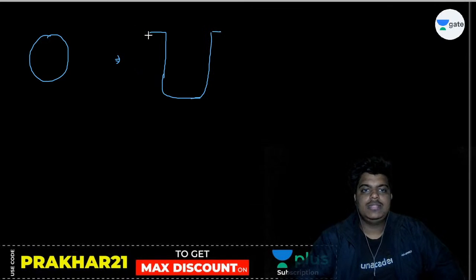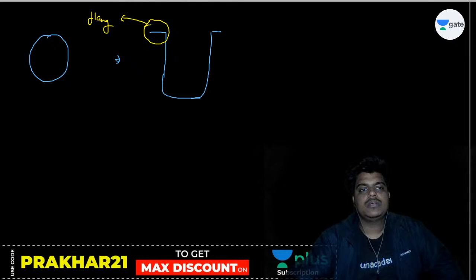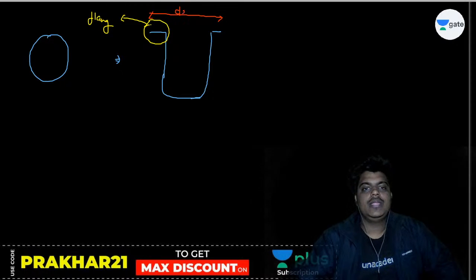So this part is known as flange. Suppose let us say this diameter is d2, this diameter is d1 and this diameter is capital D.